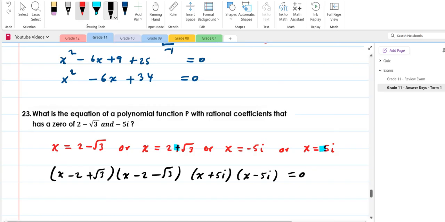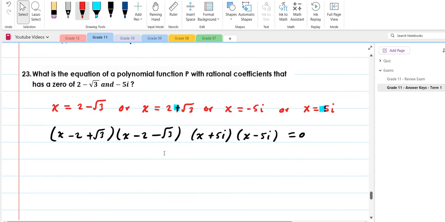Now again, the first part is difference of two squares, because we can group this up as a, and you got one positive, one negative, and you can group the second one up as b. And same story in the last two brackets. You also have difference of two squares there.